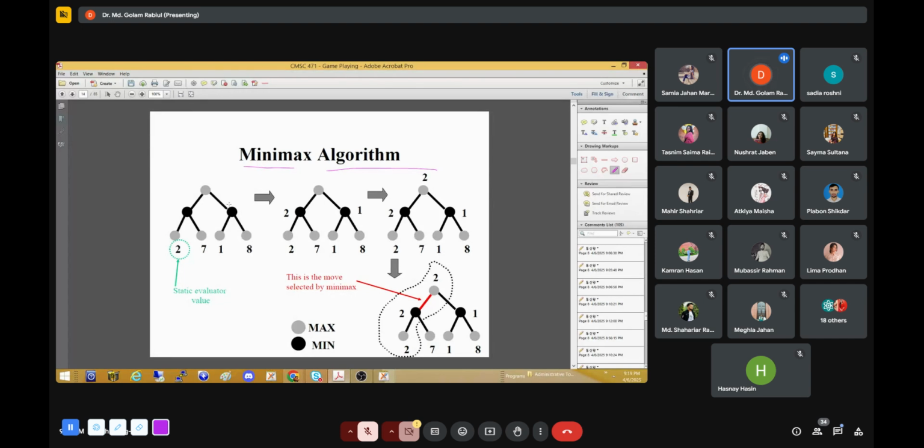Like in this case, if we consider our game tree, just this is our game tree. If we consider like this one, so these are our static evaluation values. Like this one is 2, this one is 7, 1, and 8. Then consider that this is the max node and this is the min node.